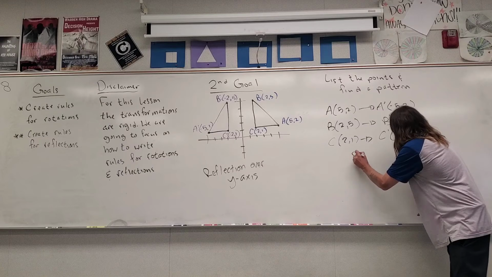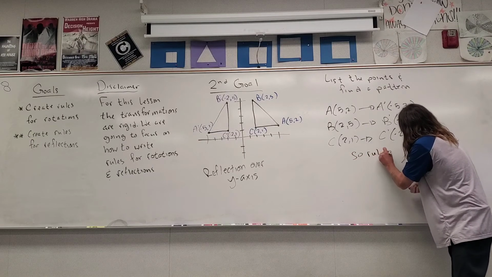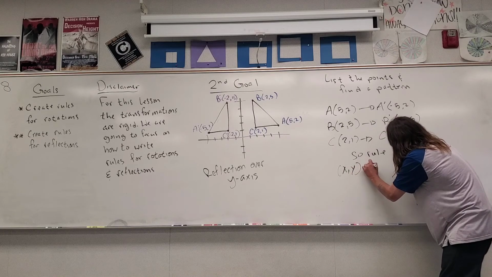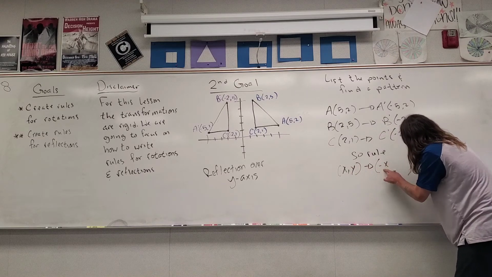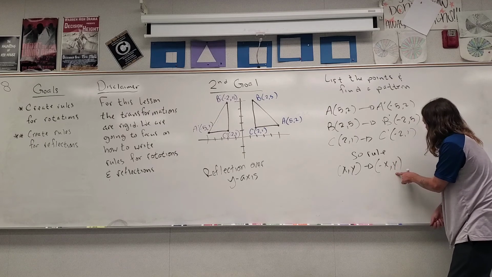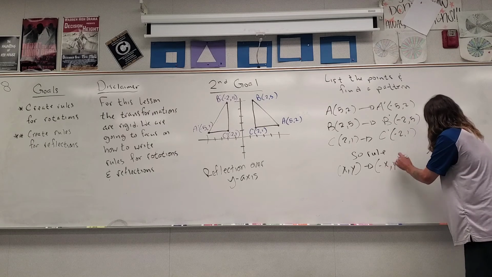So the rule is going to be, if I start off with an ordered pair, it's now going to become the negative version of that x value, and the y value stays the same. So remember, this is how I show it change the sign, right?